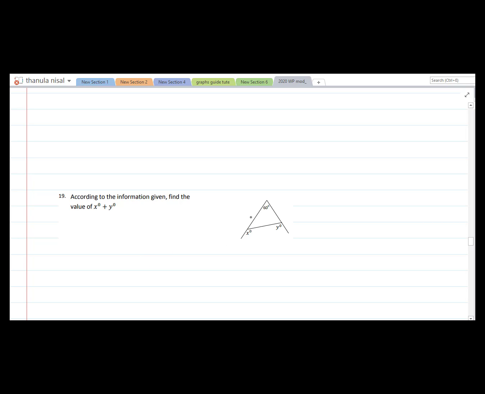They have given two unknown values, but see, they are exterior angles. Now they have given an interior angle. Shall we try to find out this exterior angle? That is 180 minus 60, that is 120. Then we know the sum of all the exterior angles in any polygon.